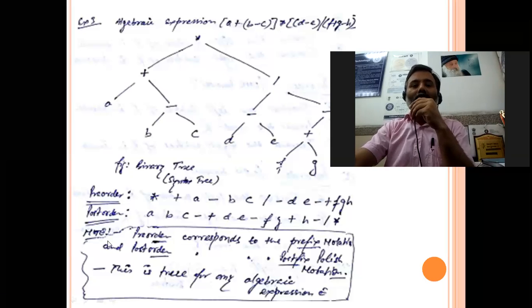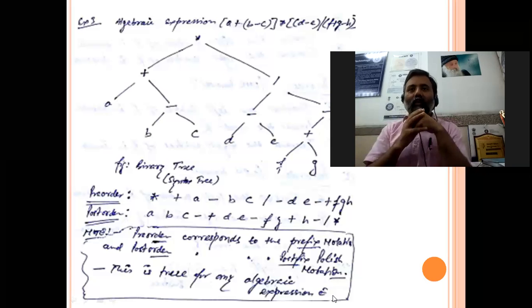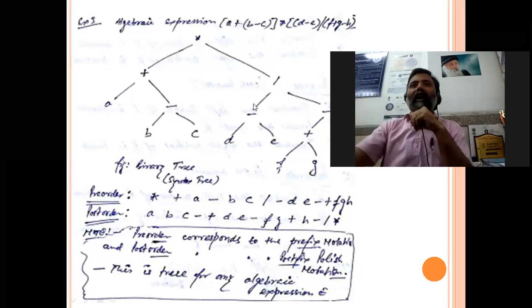Now the observation. Pre-order corresponds to prefix notation and post-order corresponds to postfix notation. And this is true for all algebraic expression. So suppose we have this in order expression.